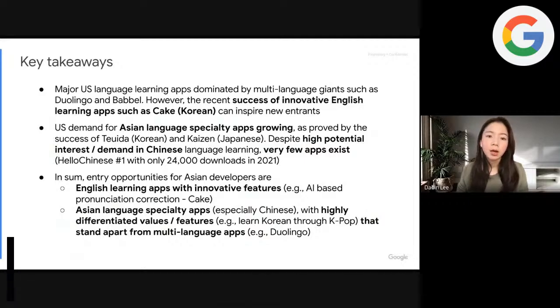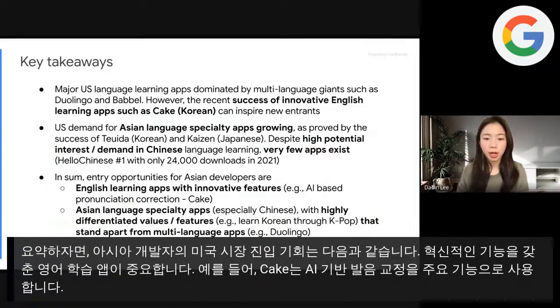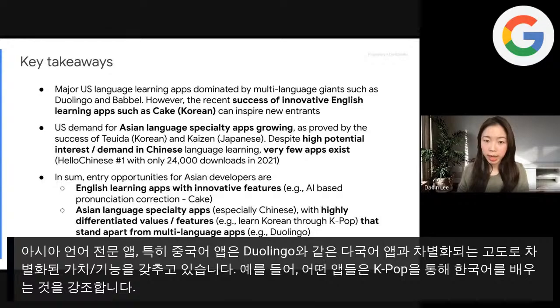Some entry opportunities for Asian developers: first, English learning apps with innovative features. For example, Cake has adopted AI-based pronunciation correction. Second, Asian language specialty apps, especially Chinese apps, with highly differentiated value and features that stand apart from multi-language apps like Duolingo, can succeed in the US.